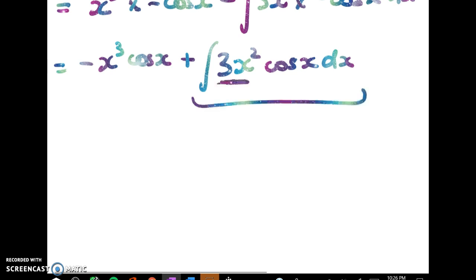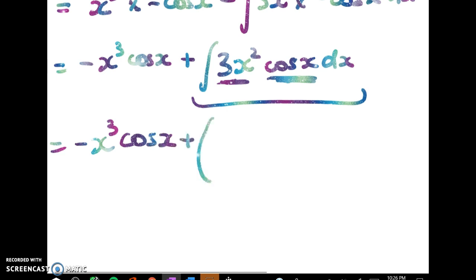This is what we're going to leave or differentiate, and we're going to integrate the cos of x. So just keep that nice little bit at the front sitting here, and then off we go again. Right, so we're going to leave the 3x squared, and we're going to integrate the cos of x, which is sine x. And we're always checking our signs when we're looking at trig integration, right?